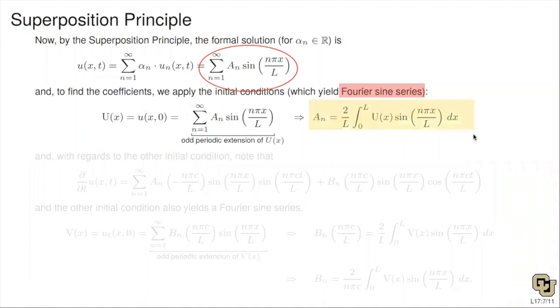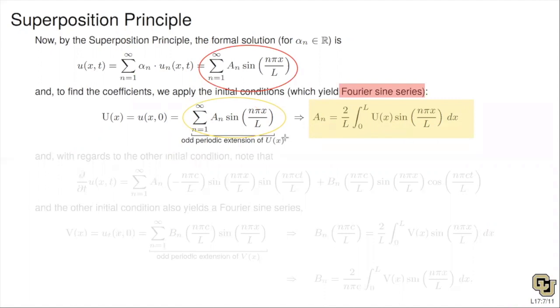And we can interpret what the Fourier sine series represents. If you find the Fourier sine series of a function, it represents the following: you take the original function and extend it in an odd way, and then look at the regular Fourier series of that.